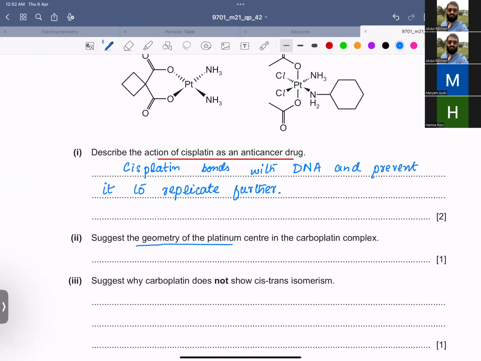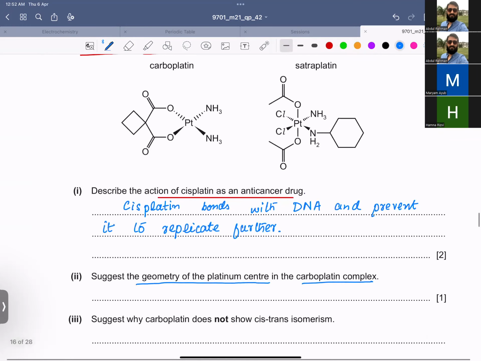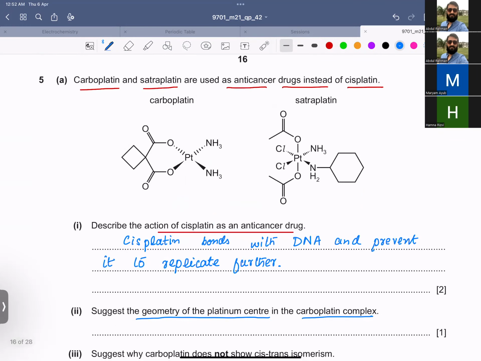Suggest the geometry of the platinum center in the carboplatin complex. Here we have a carboplatin complex. So what is the shape or the geometry around this? Square planar, very good, because there are four bonds, and whenever there are four bonds, it can be either tetrahedral or square planar.